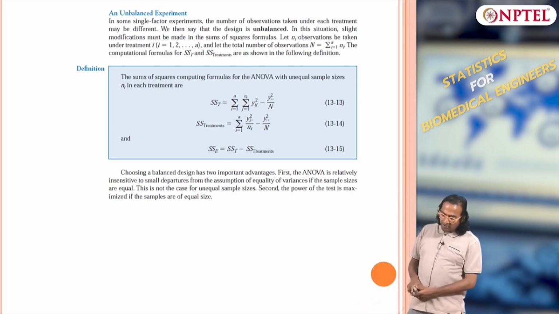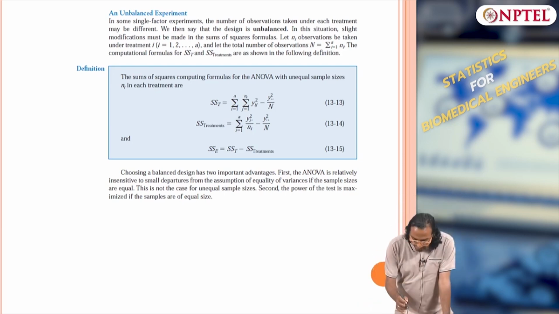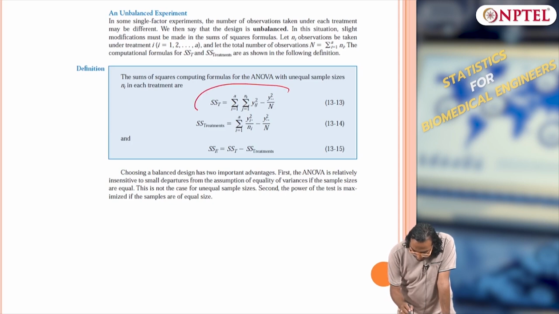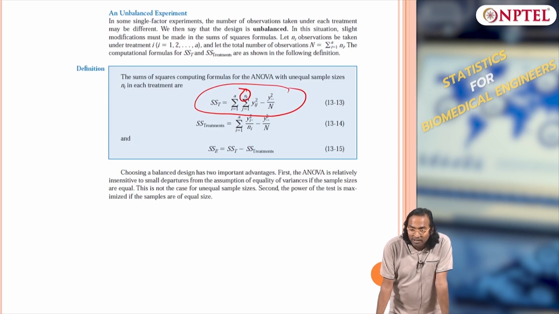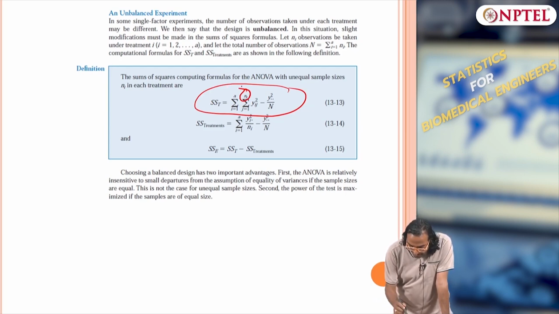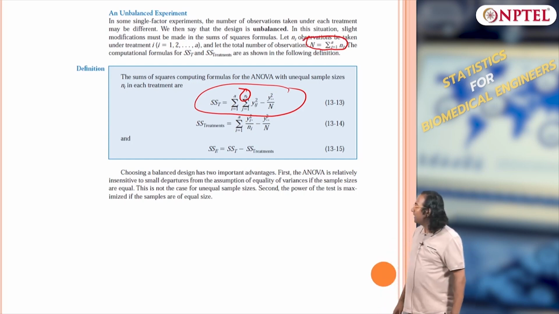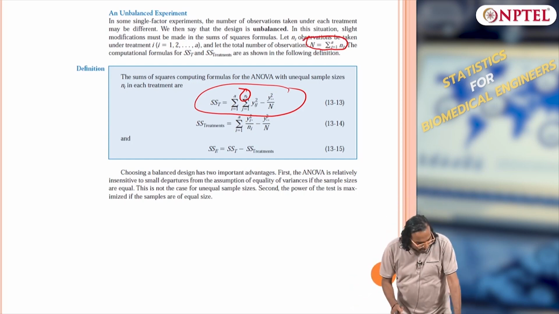So, now we will have unequal samples. The sum square total is obviously going to be different. I had N_l, the total N is different, and I have l equals 1 to a. So, for each treatment it is going to be different.